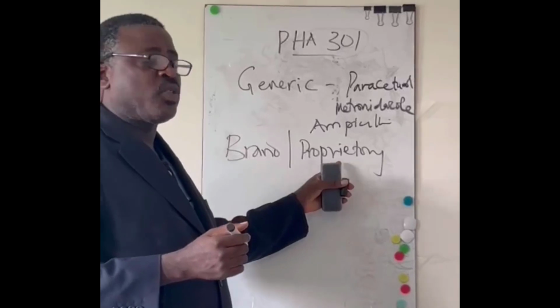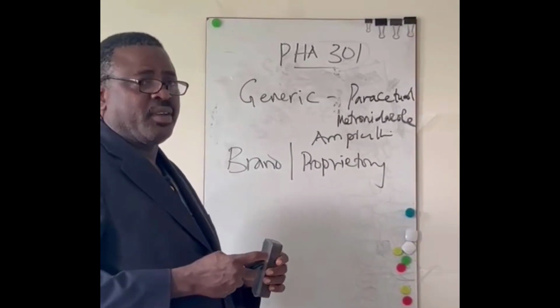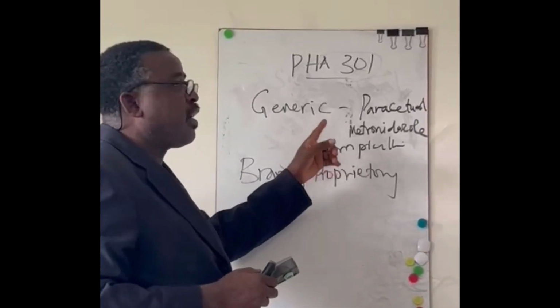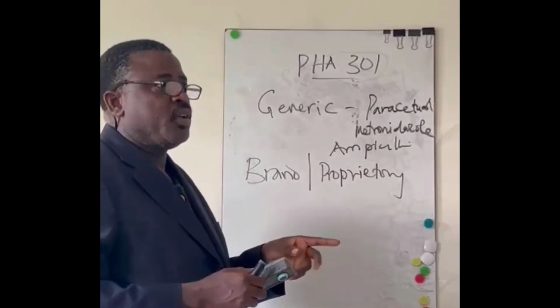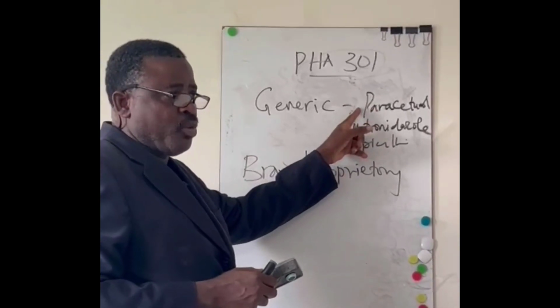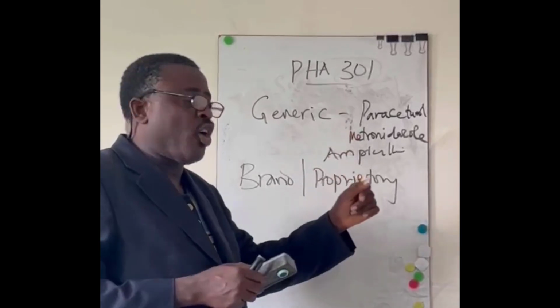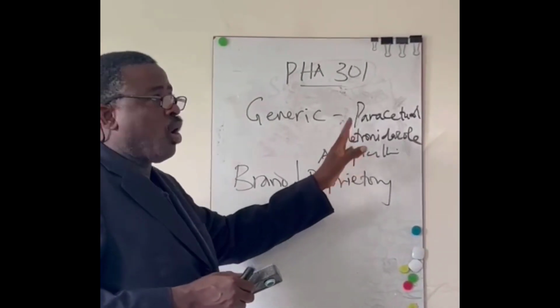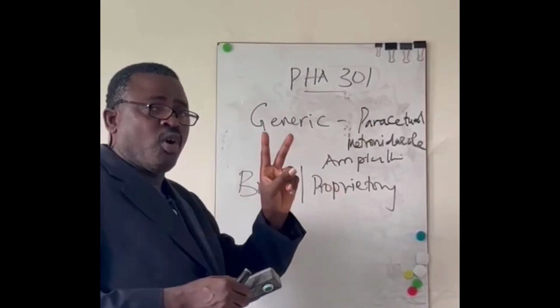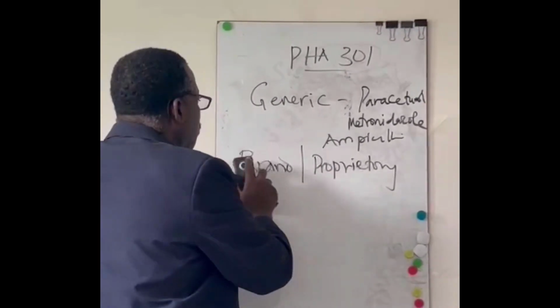That is the name given to this drug by the company that makes it. If you see something like Panadol, it is the brand name of paracetamol. You can see something like Flagyl, the brand name of metronidazole. So all these are methods of naming drugs, like I told you in the last Zoom meeting.